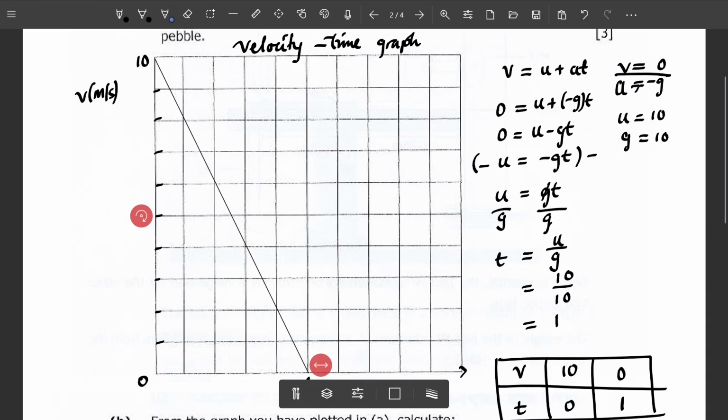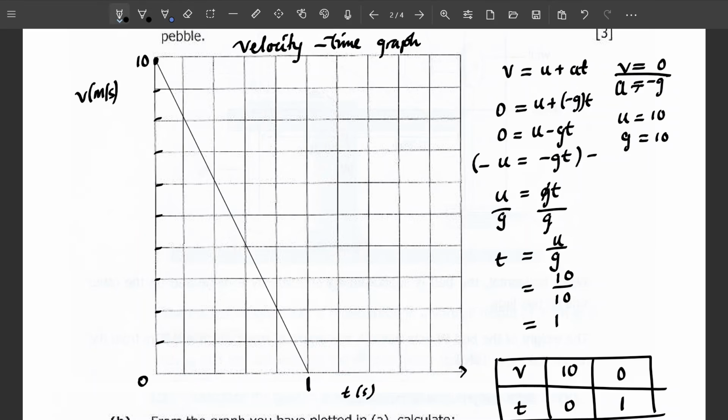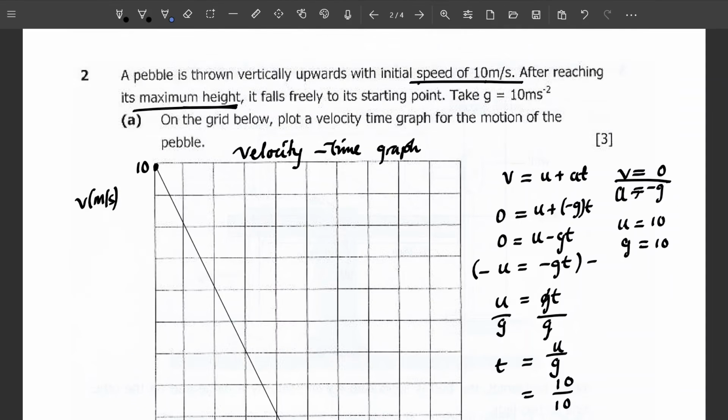That will be our graph, because 0, 10 will be where I've put here. Then 1, 0 will be here. So you join the two. That's the graph. So that's how you get this graph.